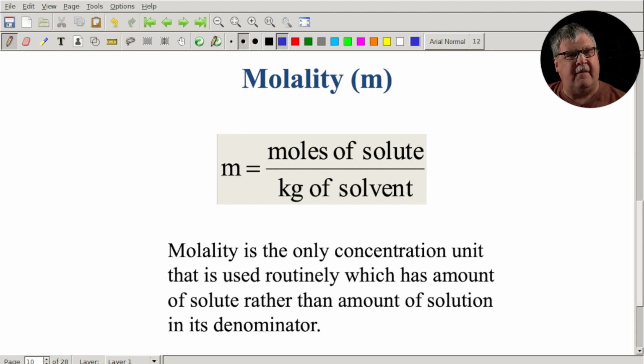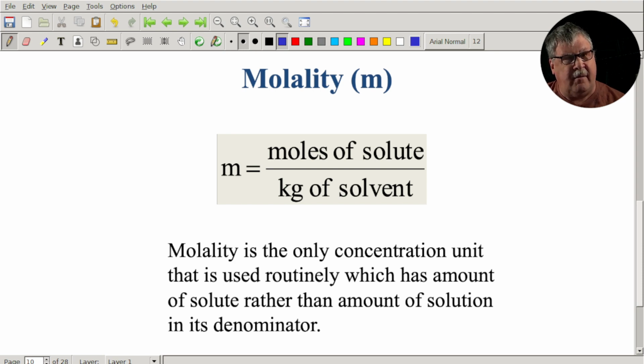If you take physics courses, molality appears if you're talking about concentration units. The only time I ever used it outside of this chapter is when I took a physical chemistry course. It just doesn't really work very well. Who's going to measure out a kilogram of solvent in a lab?